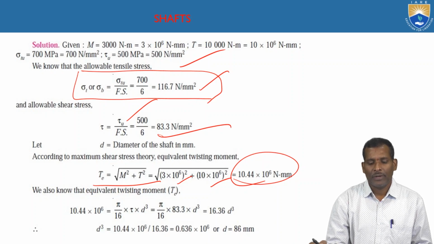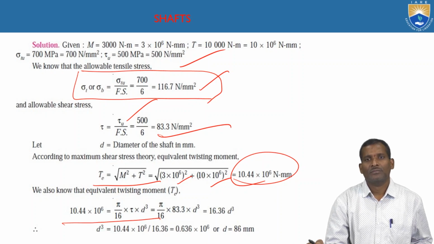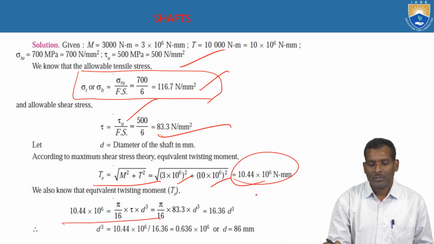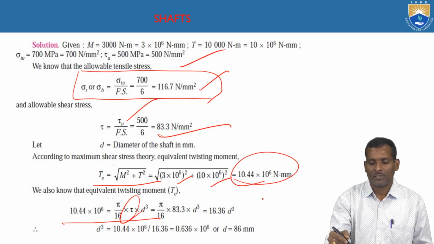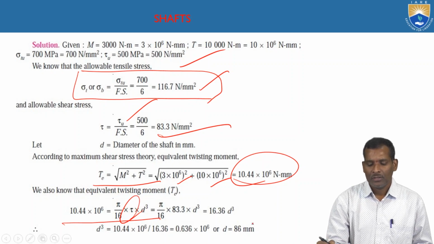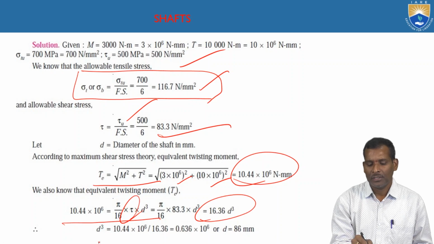The equivalent twisting moment TE is equal to 5 by 16 into tau into d cube. So here, the twisting moment value 10.44 into 10 to the power 6 is equal to 5 by 16 tau d cube. The allowable shear stress value we already calculated, so substitute it. We will get d cube, and finally you will get d as 86 mm.